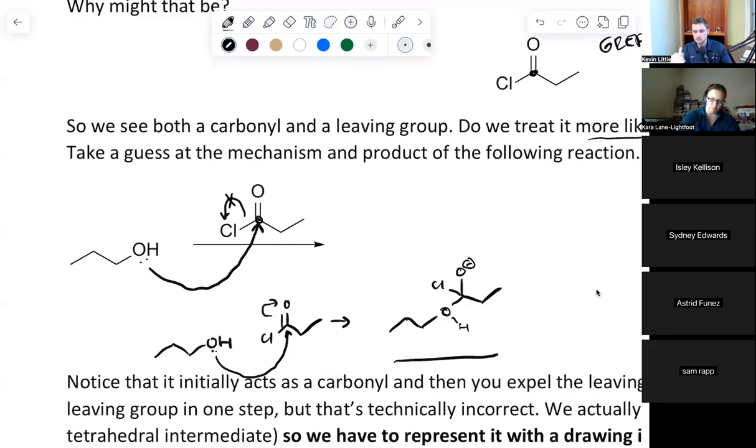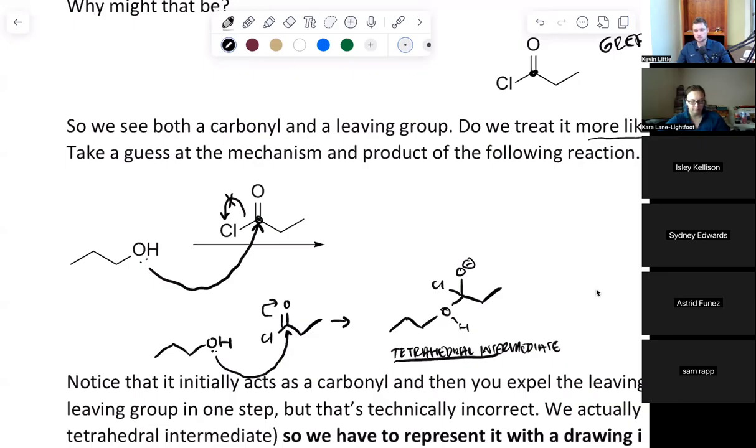It is an energy minimum. There is a point in time where this actually exists and is somewhat stable. This is called the tetrahedral intermediate.